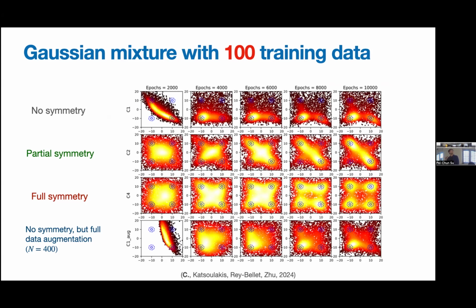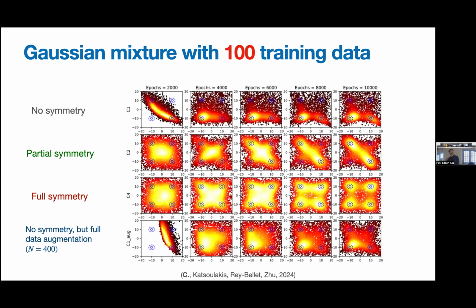If you compare the first 3 rows, you can see that as you build more symmetry knowledge of the distribution into the GAN architecture, you get better performance with the same amount of training data. The fourth row is the same as the first row in the sense that they both have a vanilla GAN with no knowledge of symmetry, but the fourth row uses full data augmentation.